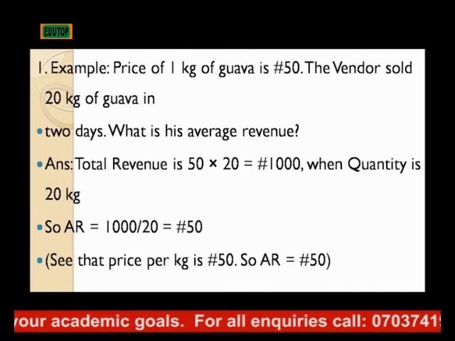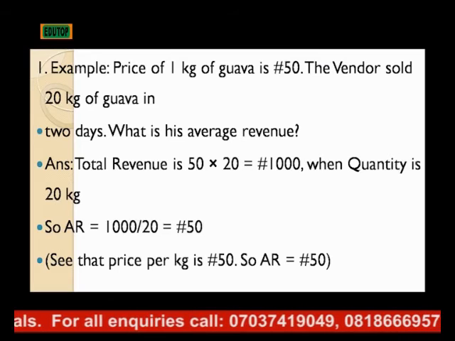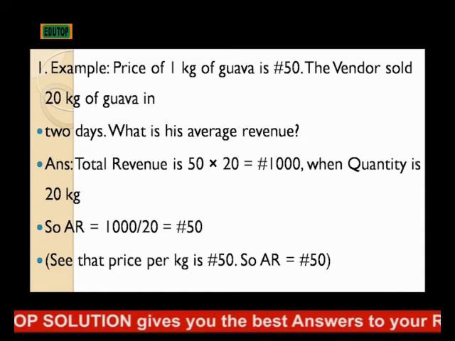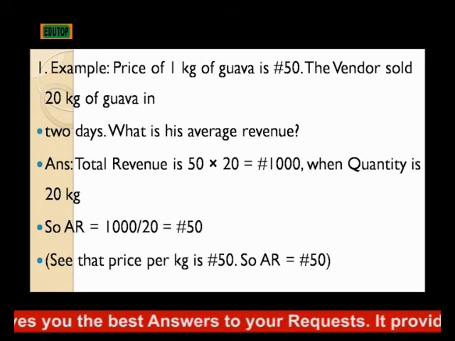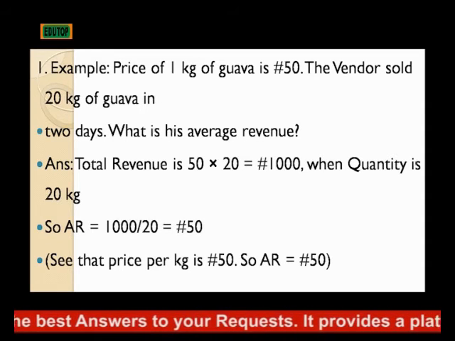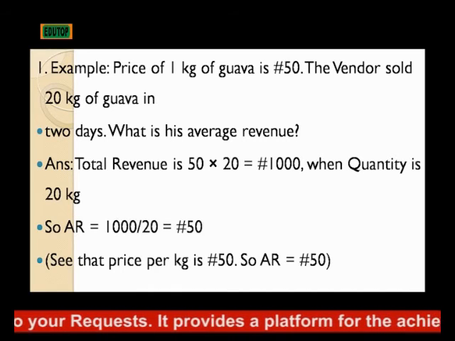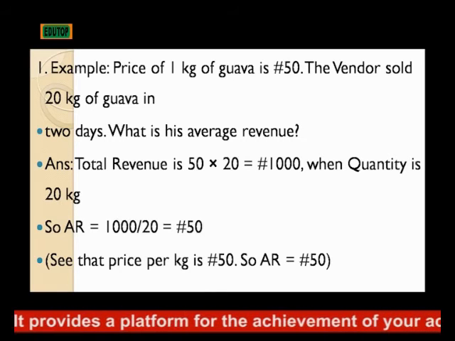For example, if 1 kilogram of guava is sold for 50 naira and the vendor sold 20 kilograms of guava in 2 days, the total revenue for that period of time will be the multiplication of the quantity sold by the price, which means 20 multiplied by 50, which will give us 1,000 naira.